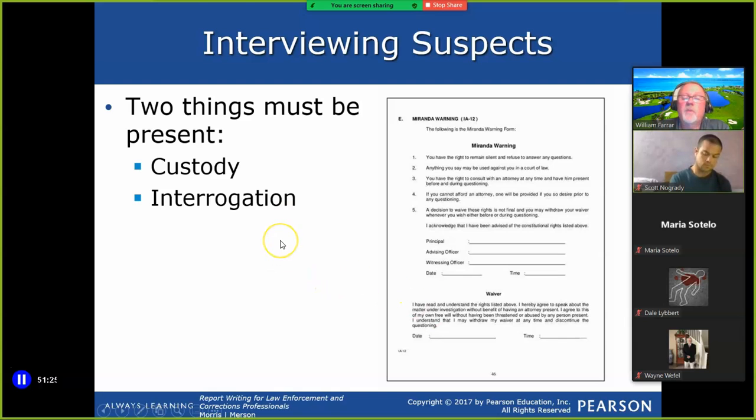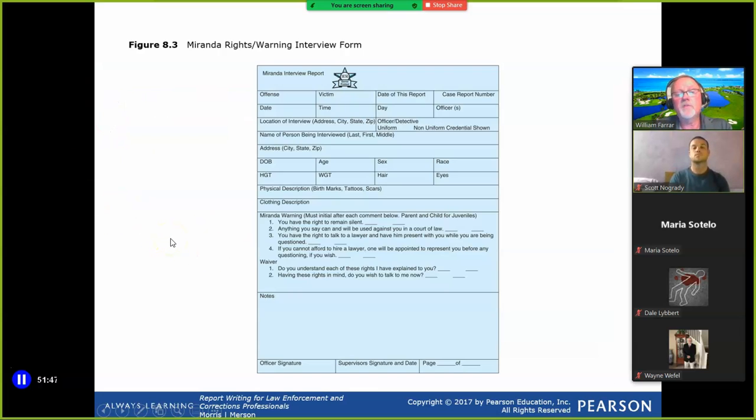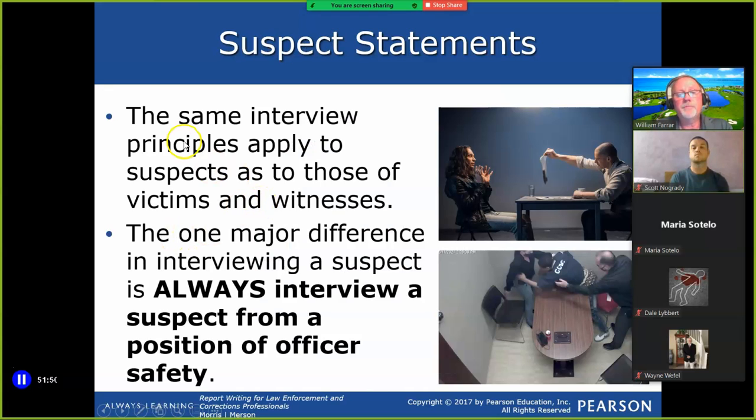And we also have something interesting now, because technology is so big: we have body cameras. So you could also advise somebody of their rights. If you do it in an interview room, it's going to be recorded. If you do it in the field by chance, it's going to be recorded as well. So we have a lot of different ways of doing this. But again, remember, these are the two big pieces when it comes to Miranda: custody and interrogation.